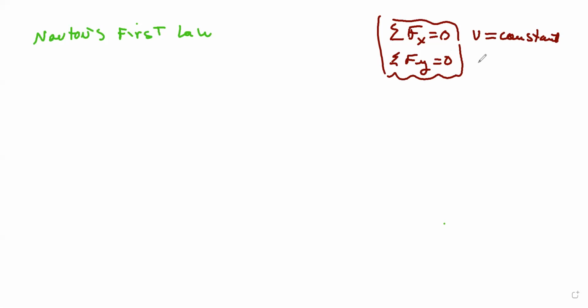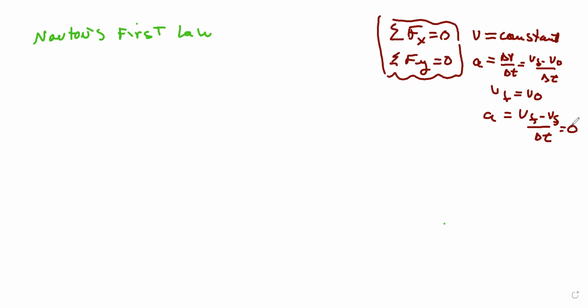And this is okay because acceleration is going to be delta v over delta t, which is final velocity minus initial velocity over delta t. But if the final velocity is equal to the initial velocity, that means that acceleration is final velocity minus final velocity over delta t, and that's going to be equal to 0.